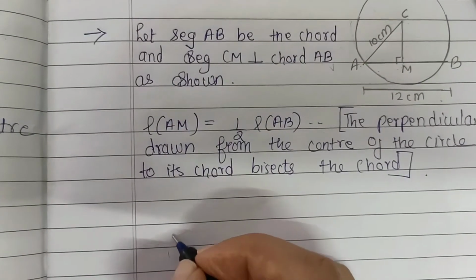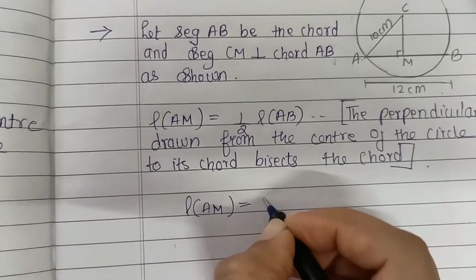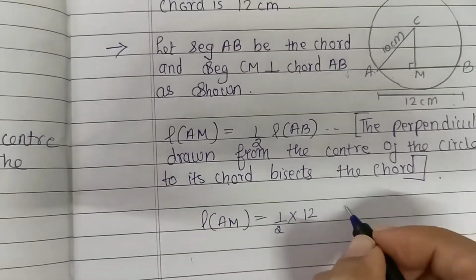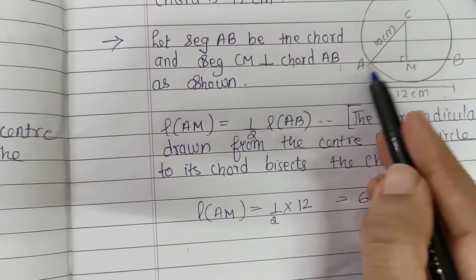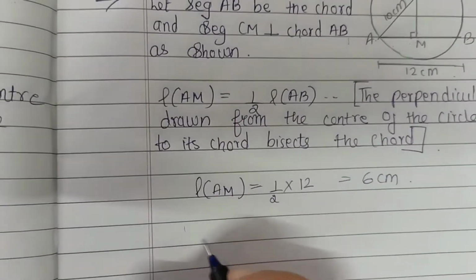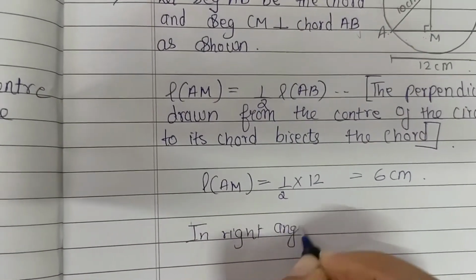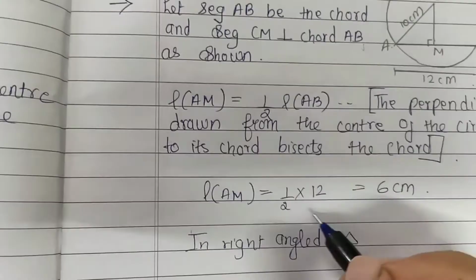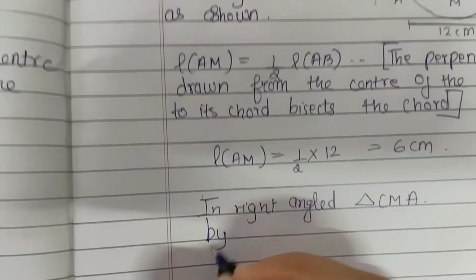So we'll find out the length of AM, half of length AB, that is half of 12, which will give us 6 centimeter. That means this length AM is 6 centimeter. Now in right angle triangle CMA, by Pythagoras theorem.